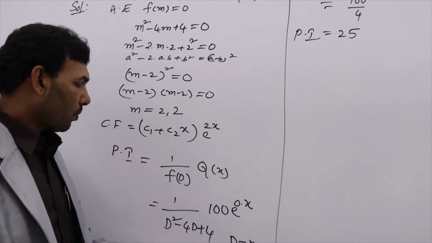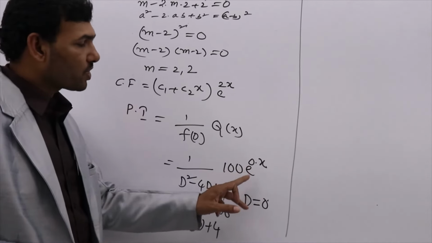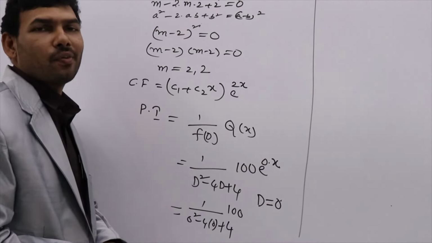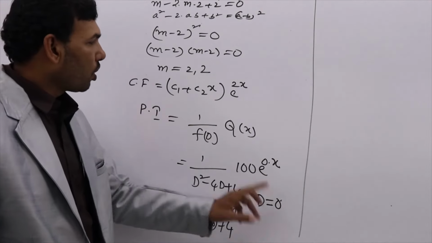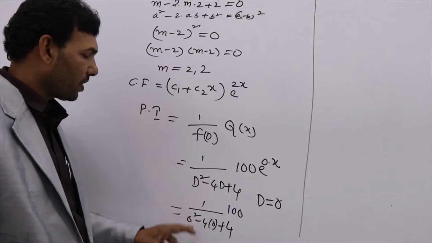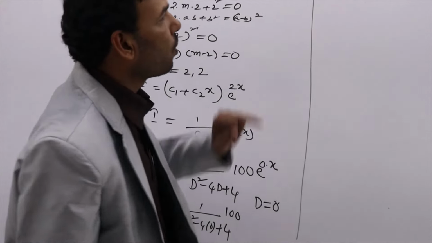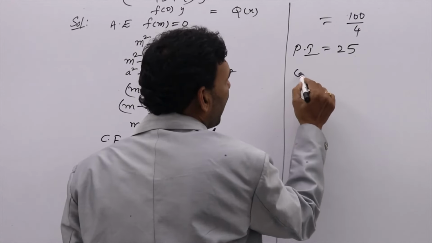You don't have e power x here. That's why we assumed that we are having e power 0 into x. That's why I replaced D by 0. But 0 we don't get in m values. That's why I happily wrote in the place of D, 0. If you write in the place of D, 0, you will get 4. 100 by 4, 25.